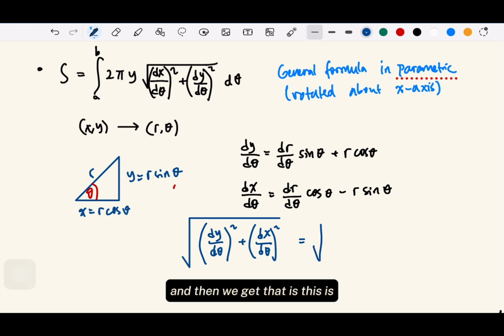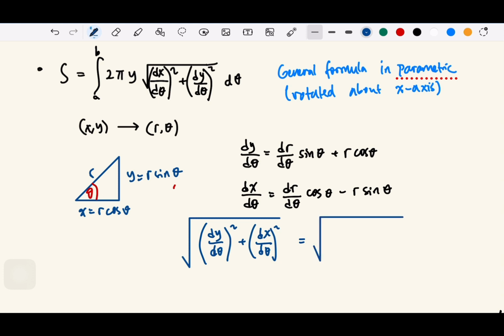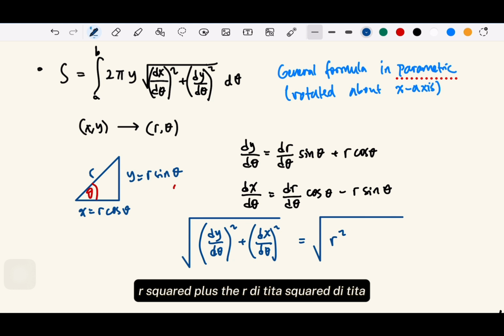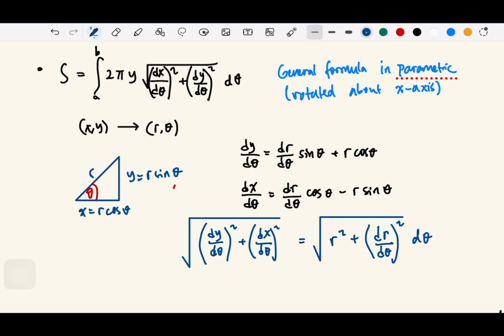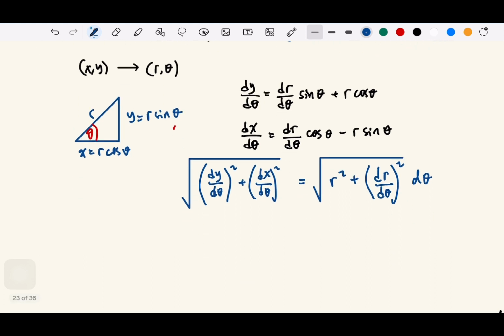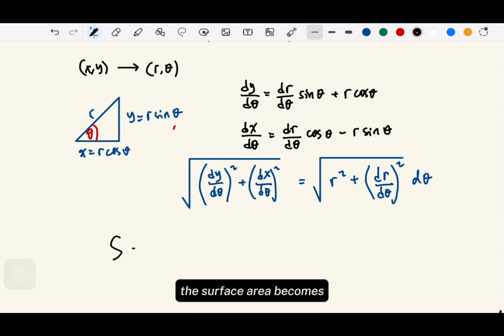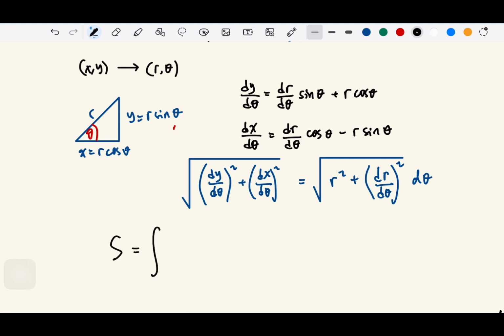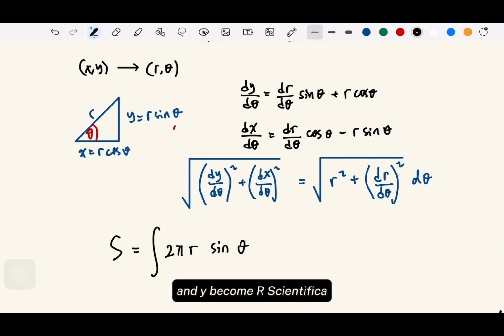And then we get that this is the square root of r squared plus dr d theta squared, d theta. So the surface area becomes S equals 2 pi r, and y becomes r sine theta.